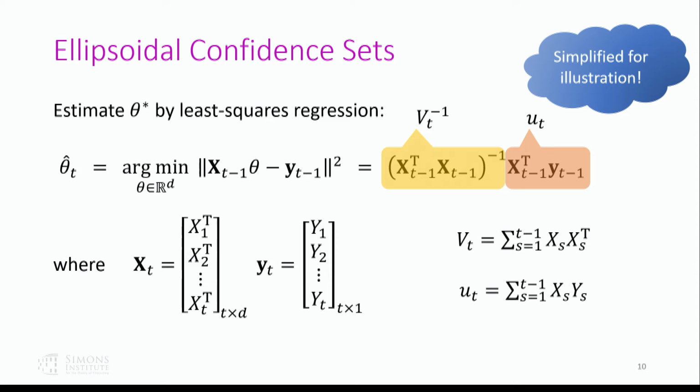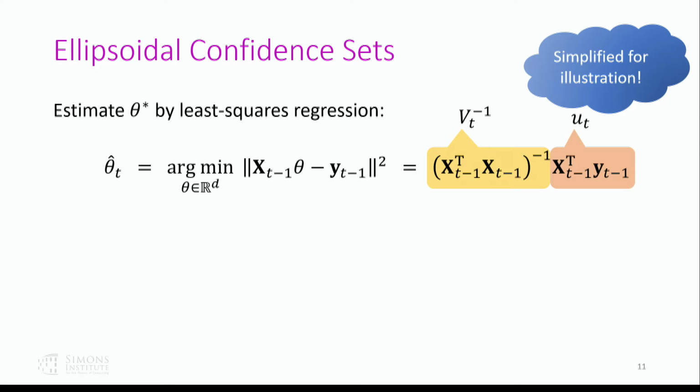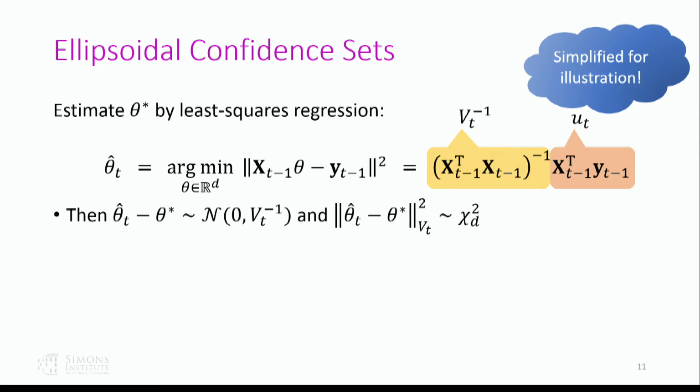And the multiplication between the inverse of VT times UT gives me that center point. And moreover, VT tells me how to measure my distances, how to change the distances. So basically, if the reward is sampled from a Gaussian, I'm simplifying everything, then the estimated reward versus the actual reward vector are going to be distributed one around the other like a certain multidimensional Gaussian, and the distance between them is going to be distributed like a chi-square.